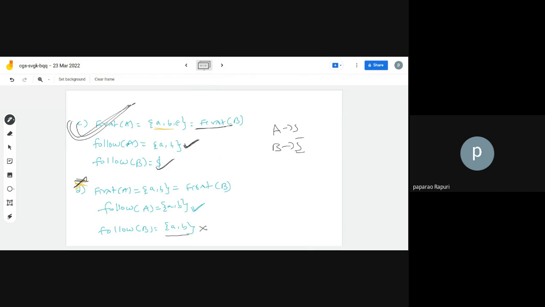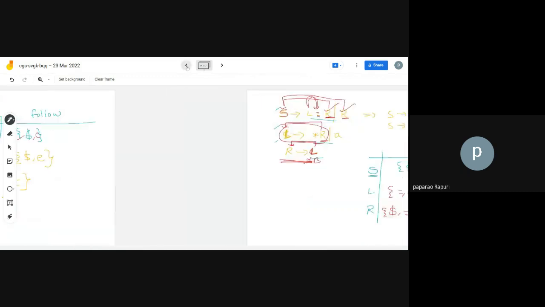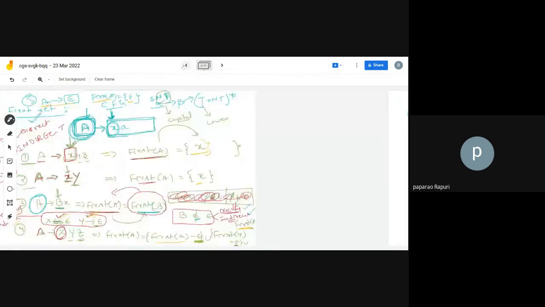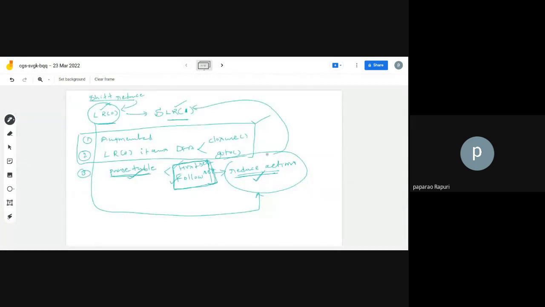So first we need to write the first and follow for any non-terminal. The first and follow are useful for writing the reduce actions of the SLR1 table.